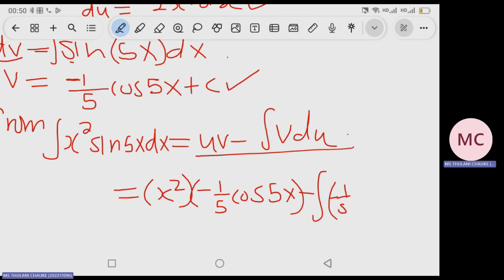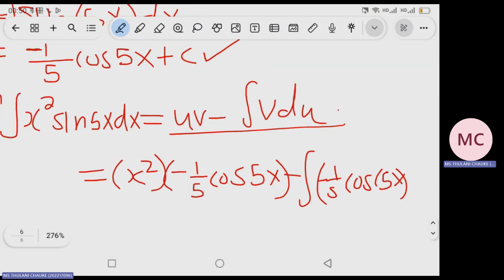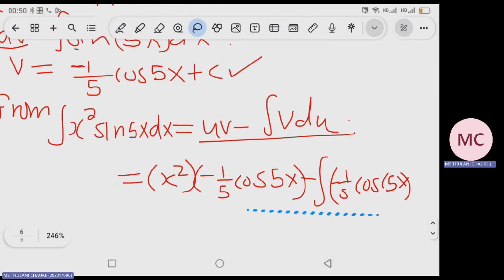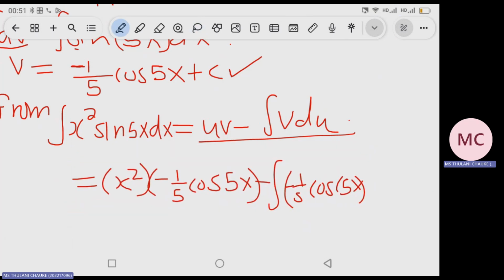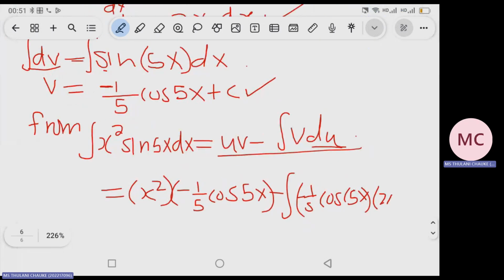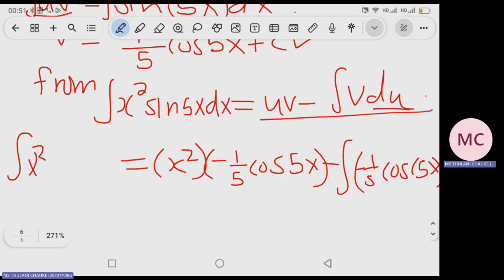Then we know that here we're having negative 1 over 5 cosine of 5x. And what else are we having? Then we have got the du, which was 2x dx.